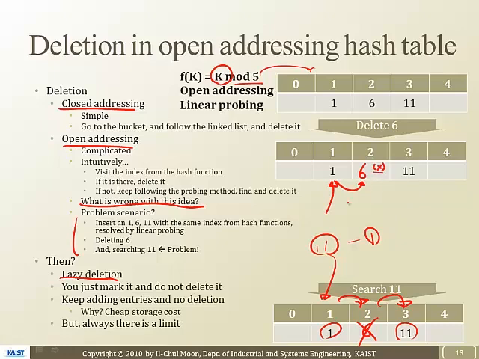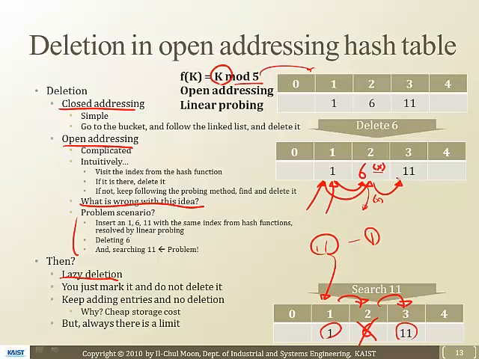It actually hits it, but there is a mark that it's been deleted, so it returns that it's deleted and cannot be found. Later, if you want to find 11 here, you visit here, it's not there. It's still occupied by 6. So there is an incentive to visit the next door and you can find 11.